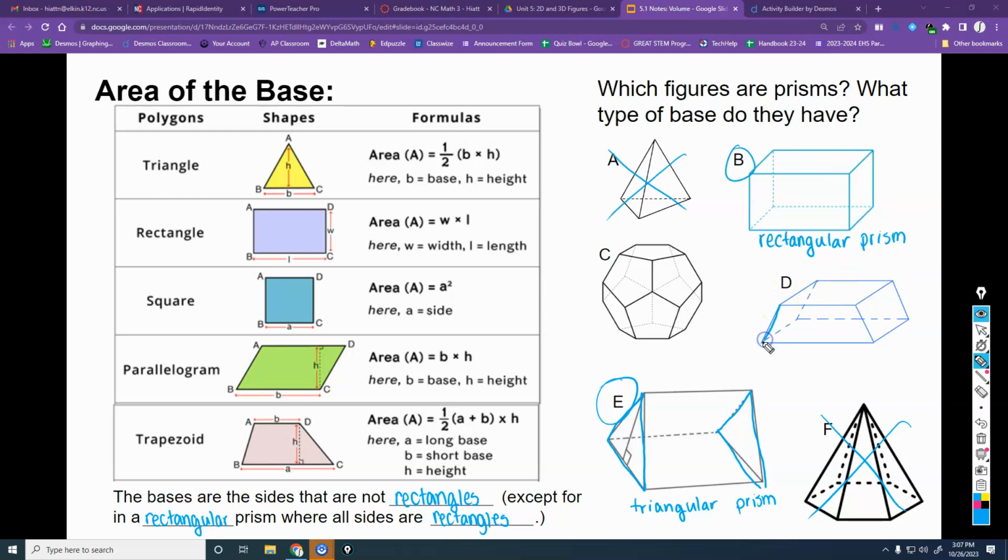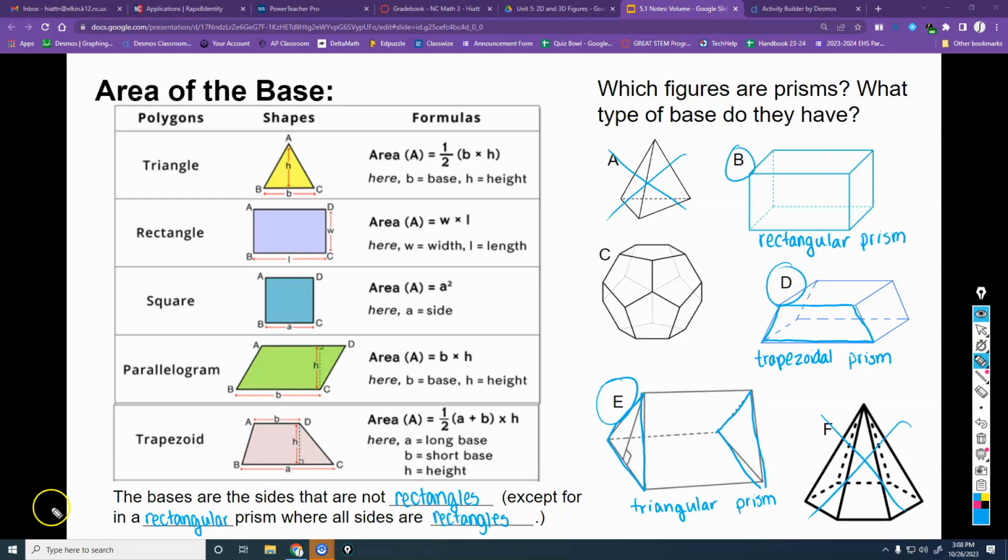The bases for these are the sides that are not rectangles. So that's this here on the front, and then that same shape there also on the back. And that shape is a trapezoid. So this is called a trapezoidal prism. So that is also a prism.